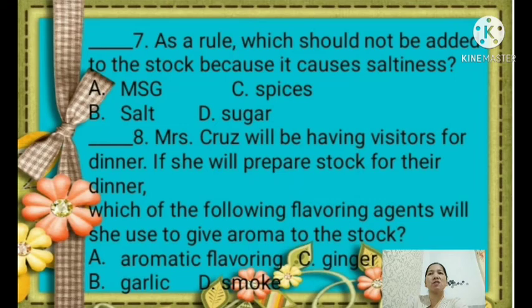If she will prepare stock for their dinner, which of the following flavoring agents will she use to give aroma to the stock? A. Aromatic flavoring. B. Garlic. C. Ginger. D. Smoke. Mrs. Cruz will be having visitors for dinner. If she will prepare stock, which flavoring agent will she use to give aroma to the stock?